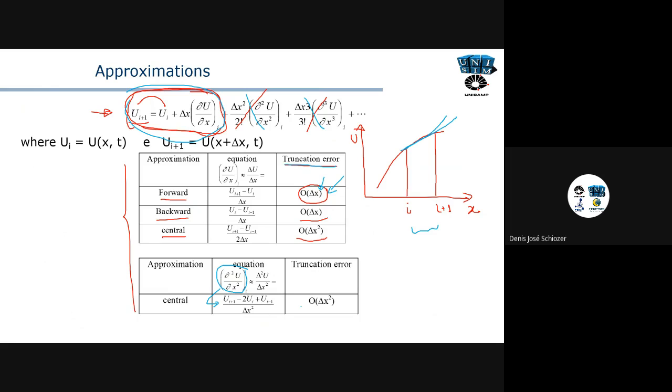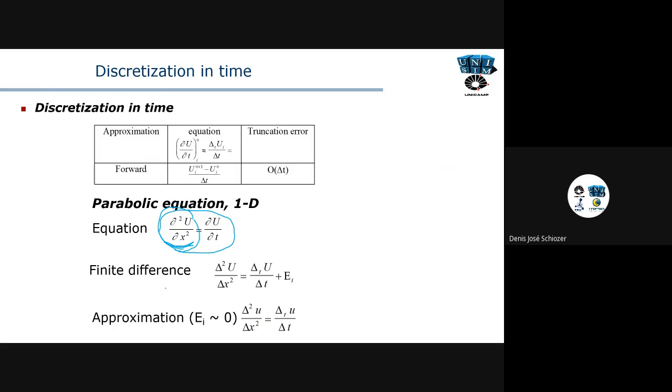This is a way we can solve a very simple equation like this one, one that varies considering time and distance, okay? So when we approximate this mathematical equation by the finite difference method, we are approximating this by this, but we have a numerical error here, and we are assuming that these numerical errors go to 0.